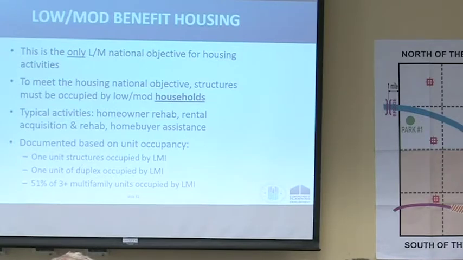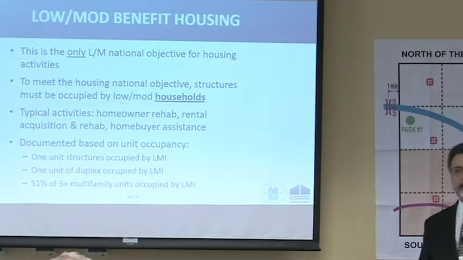And document, if you are doing multifamily type developments, okay? You must document that anytime you're doing one structure, one unit, that one unit is occupied by a low and moderate income person.